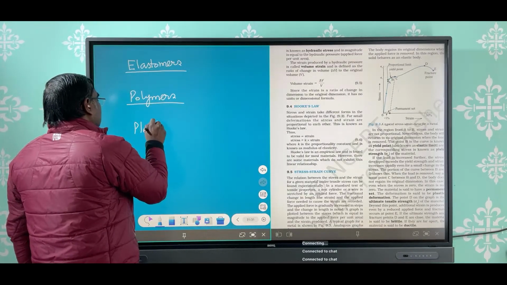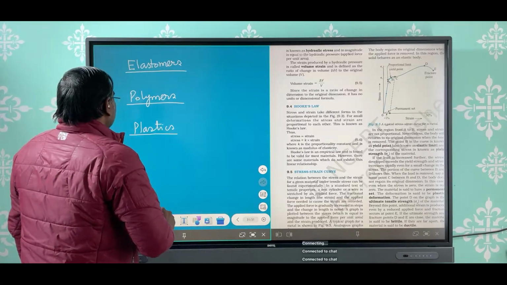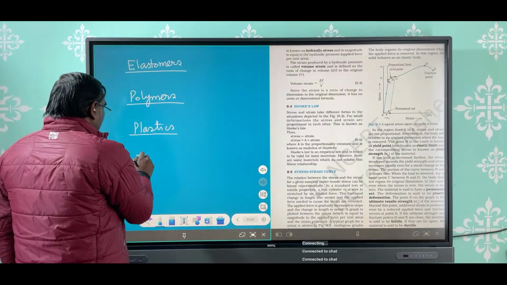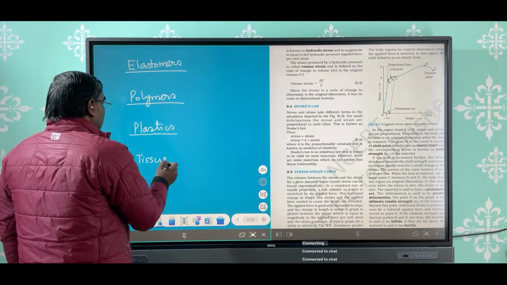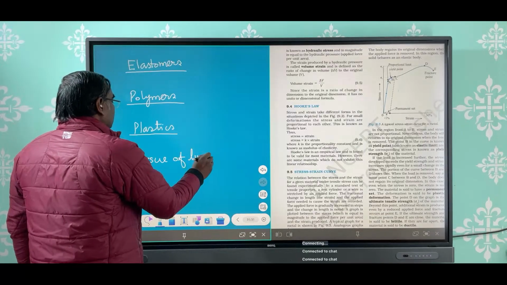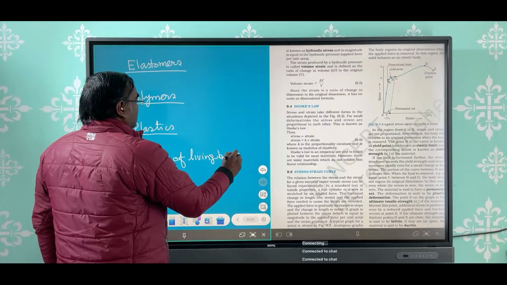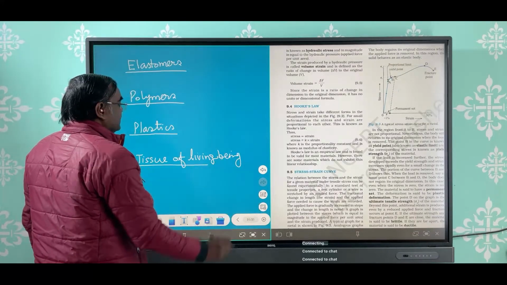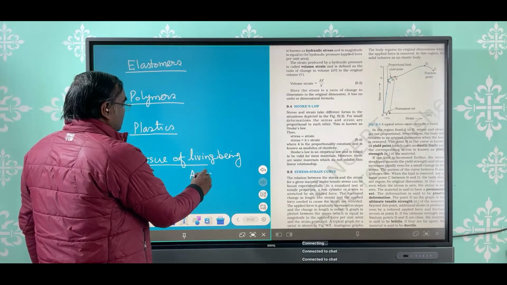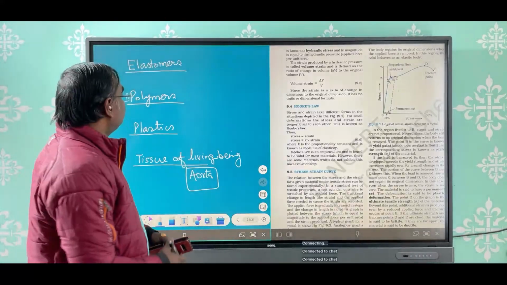Plastics. Note it. Plastics and some biological tissue. Tissues of living beings. And in your NCERT textbook, there is an example of aorta tissue. So we will discuss all this.